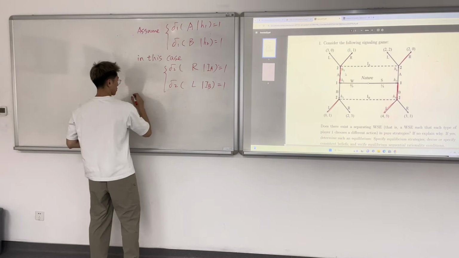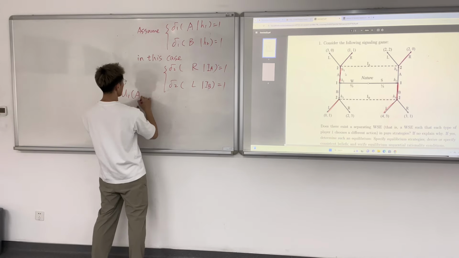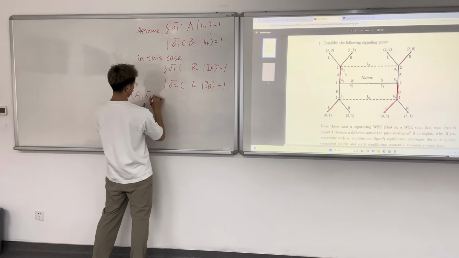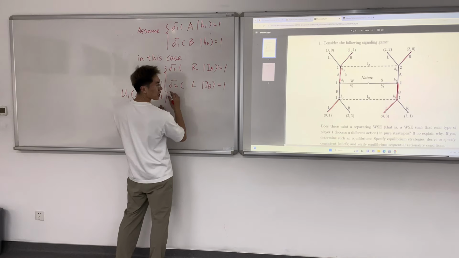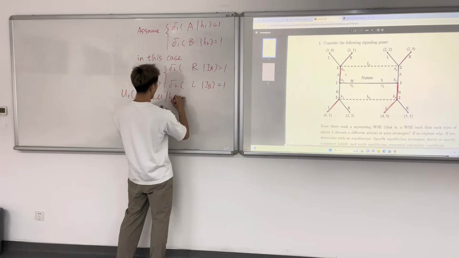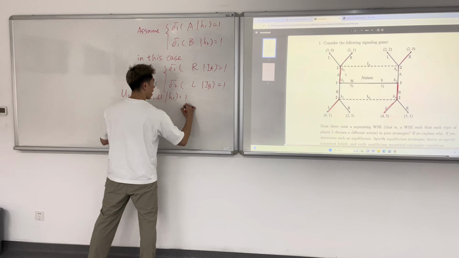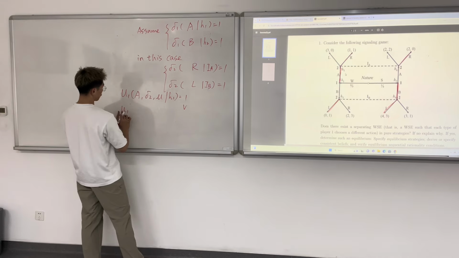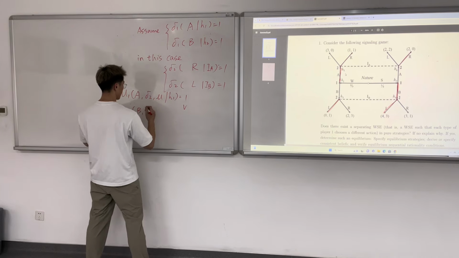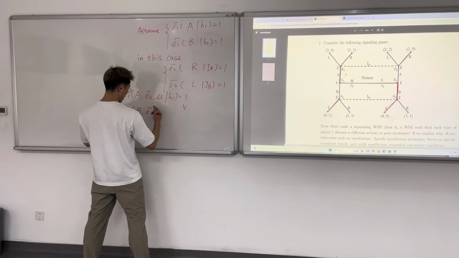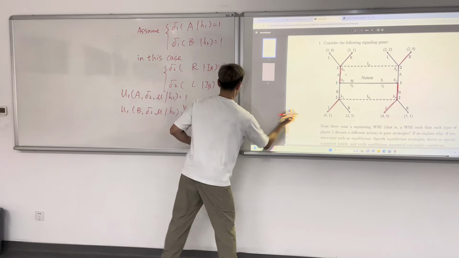Right? So I will just write down the utility for player 1 of playing A, given the strategy profile of player 2 and their beliefs, at decision point H1 equals 1, which is larger than the payoff of player 1 of playing B, given the strategy profile of player 2 and their beliefs at H1, which is equal to 0.